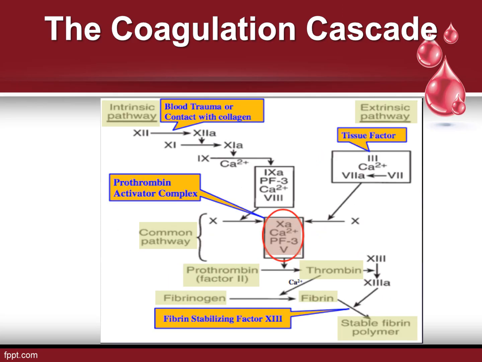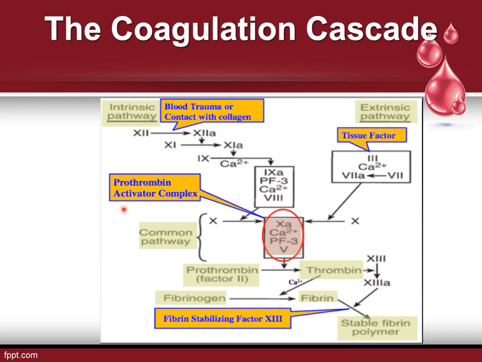So it's another way to explain what's going on when we have a trauma or injury, or release of tissue factor, or activation of the intrinsic pathway by contact with collagen.